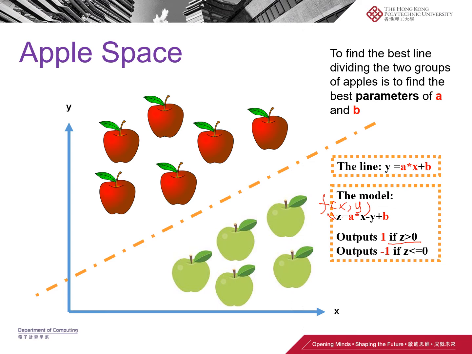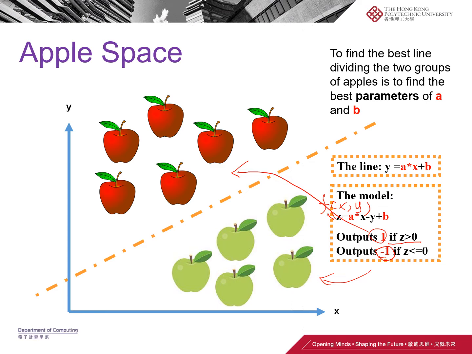When it's less than or equal to 0, we output -1, representing a green apple. So this is the decision rule we made based on the calculation. You can see here that with that line we can make decisions, and we call that line a decision boundary or separating line.